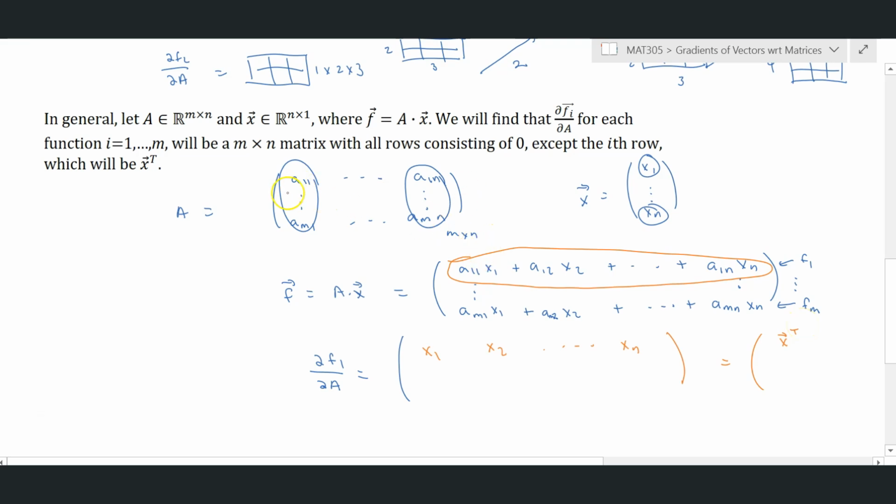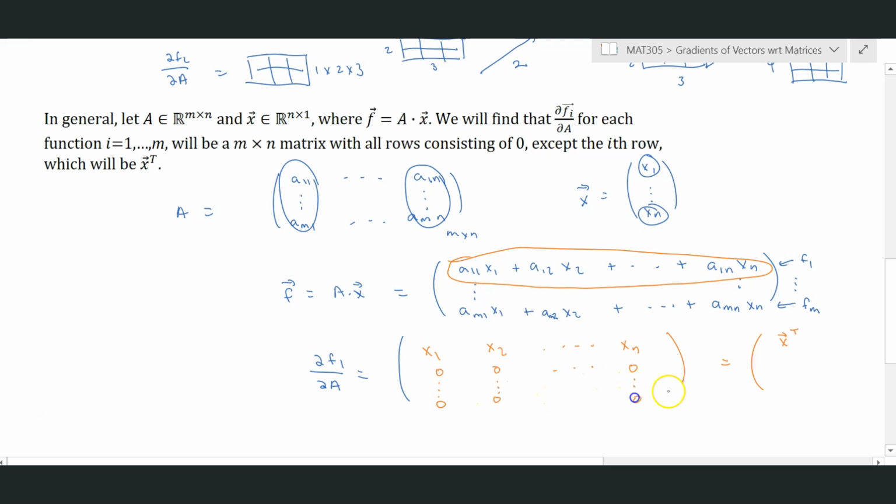Now, as we work to the next row, a21, a22, all the way up to a2n, this doesn't have any of those a's in it. So this will return just a bunch of zeros. And that will be true for every row after that.